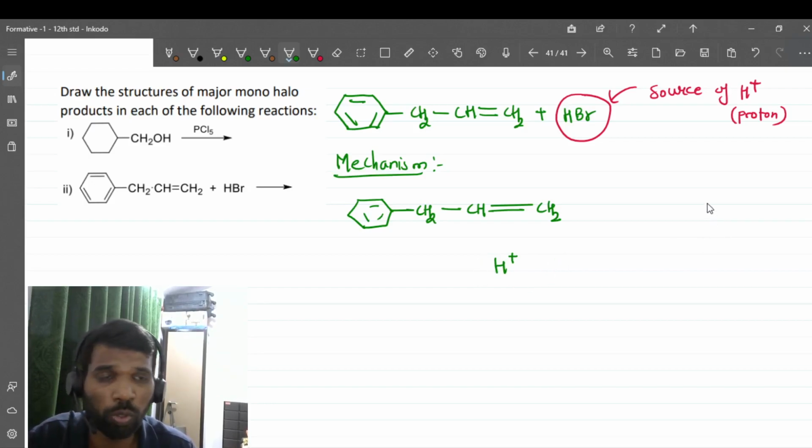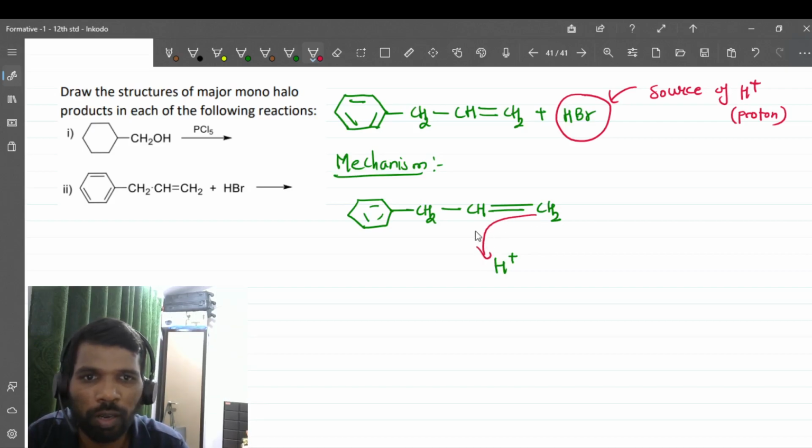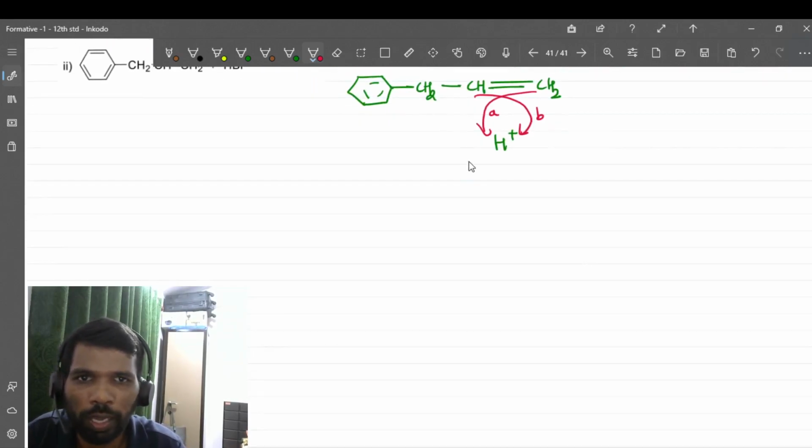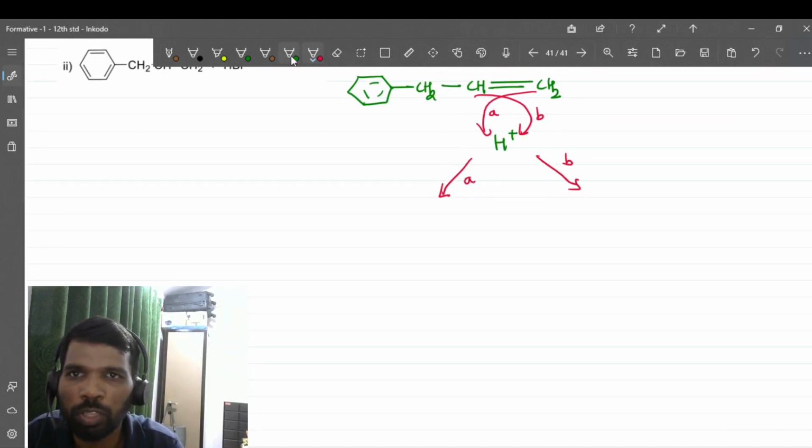So HBr is a very good source of H plus, a very strong acid, so it dissociates to the maximum extent, right? So for the attack possibilities, the H plus will get substituted here or over here. But in either case, one carbon will lose its electron. Either this bond or this one will be attacked. So I'll call this A and this B. I'll write both the possible products.